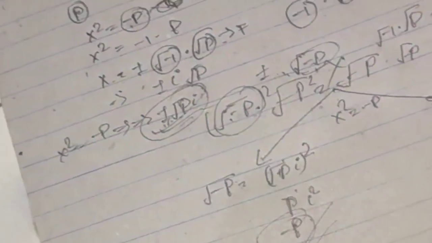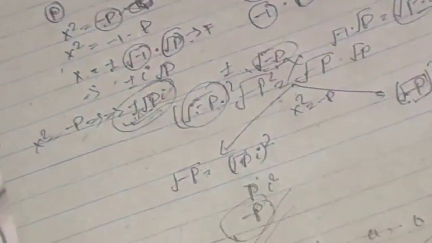Simply said, this is the complex number. A little summary: a plus b iota is the complex number. And the conjugate, what is the conjugate? A plus b iota and a minus b iota are conjugates of each other.